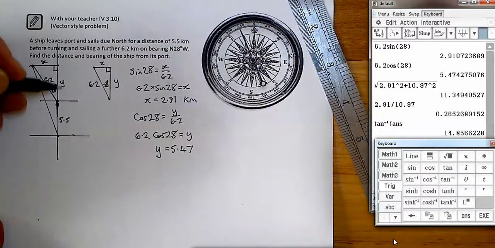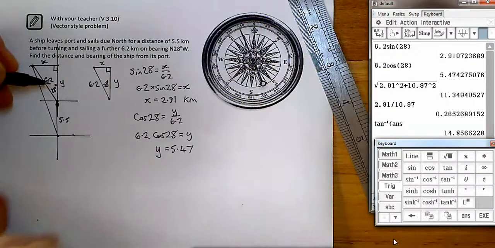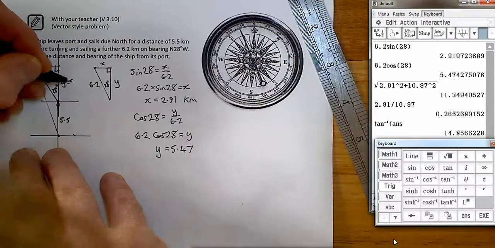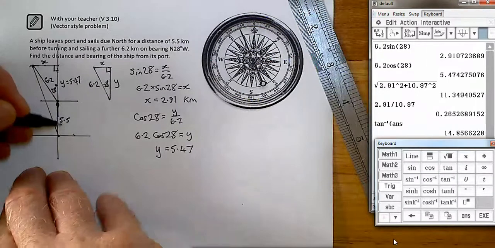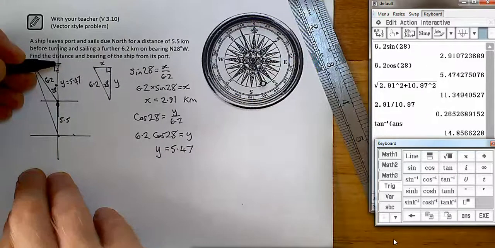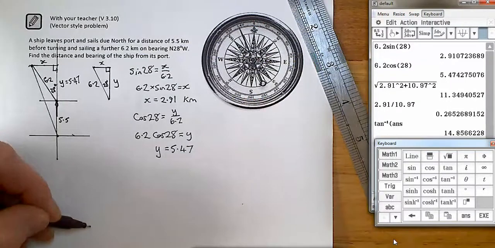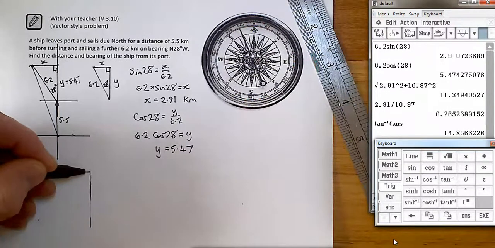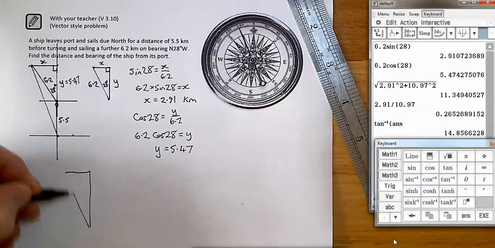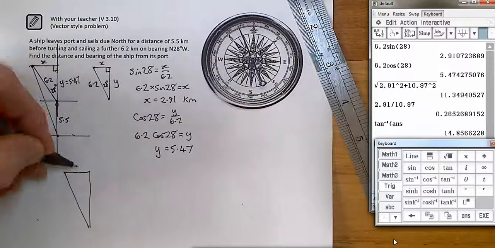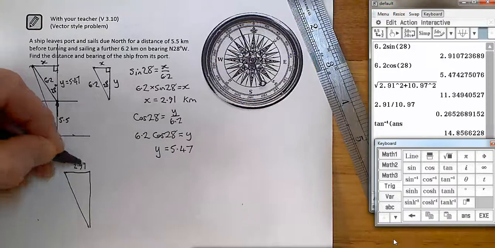Now, I know y and I know x. Now if that's 5.47, I now know the total distance up here. In fact, it might be a good idea now if I redraw this big triangle here. I found out that distance x was 2.91.